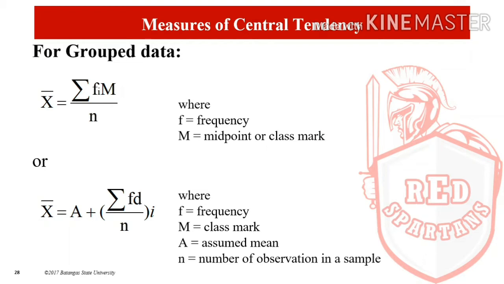Or pwede din natin gamitin si x bar equal to A or M, where A is the assumed mean or the midpoint or class mark, plus the summation of f times d over n, times the class interval, where f is the frequency and d is the distance. So, pwede natin gamitin parehas yung formula kasi same naman yung magiging sagot.